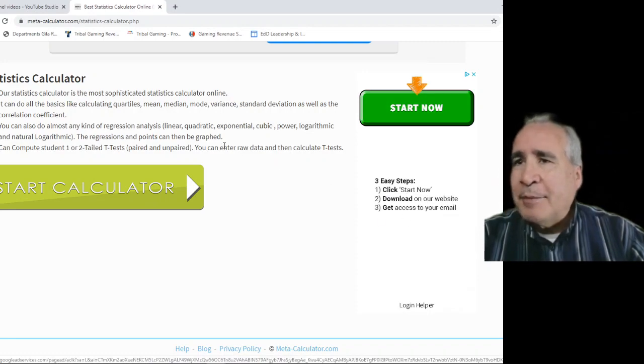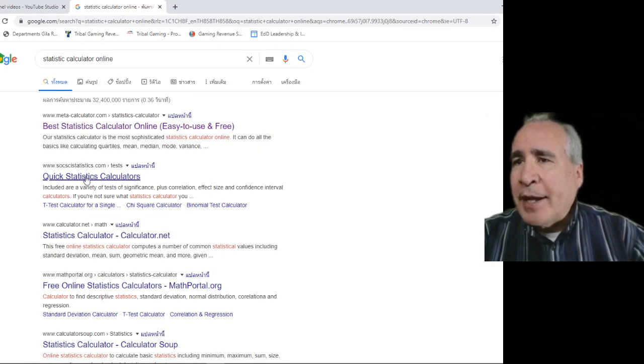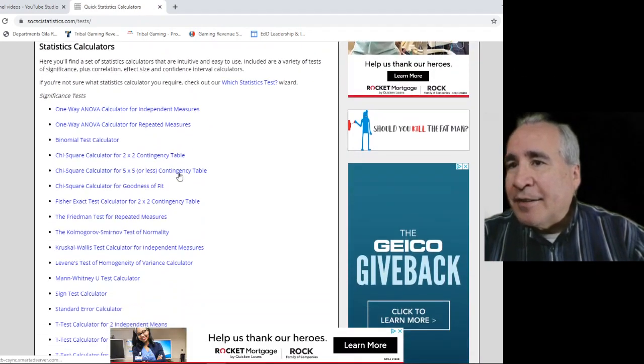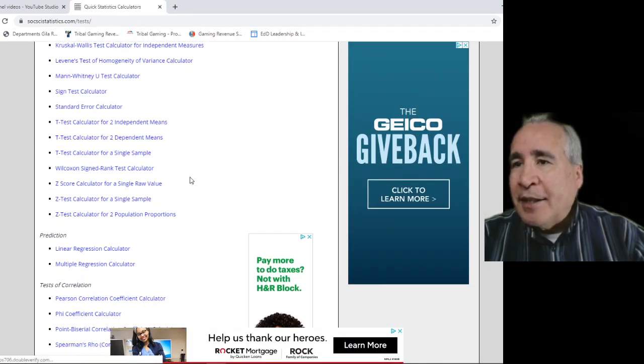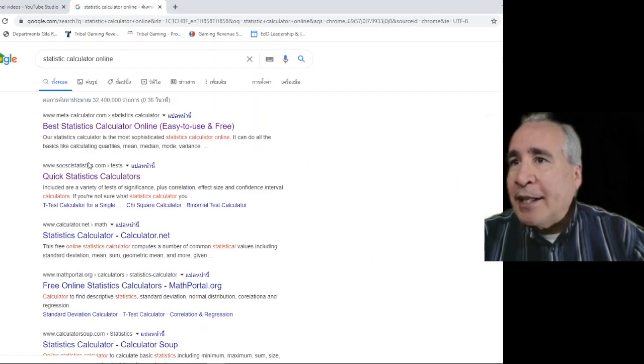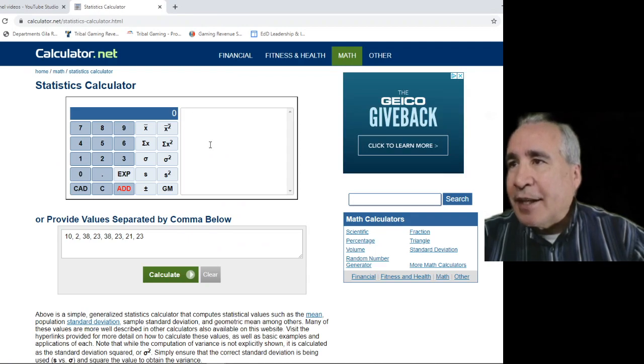Get access to your email. I don't know. I don't want to do that. I want to remain anonymous. This one looks too complicated to me. It might be helpful when we want to do all these things, but we're not going to do this. I just want something easy where it says, give me the data and I'll calculate. Here we go, statistics calculator.